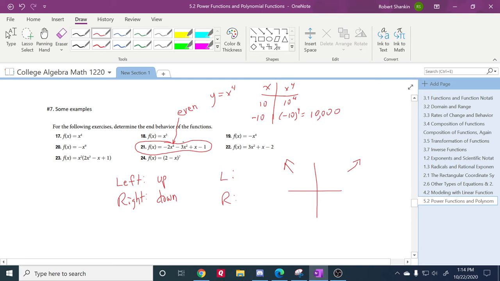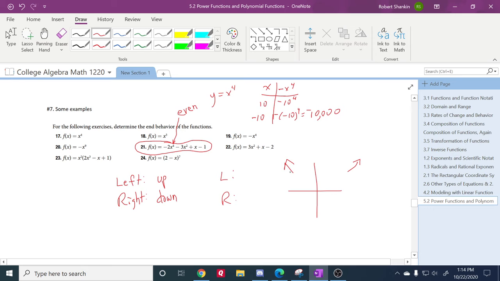So you're almost there. Getting them both going in the same direction is correct. But we're going to have to look also at this. There's a negative sign in front of the x to the fourth, so it's got a negative leading coefficient. If we had a negative here, this would be negative and this would be negative, making this negative.